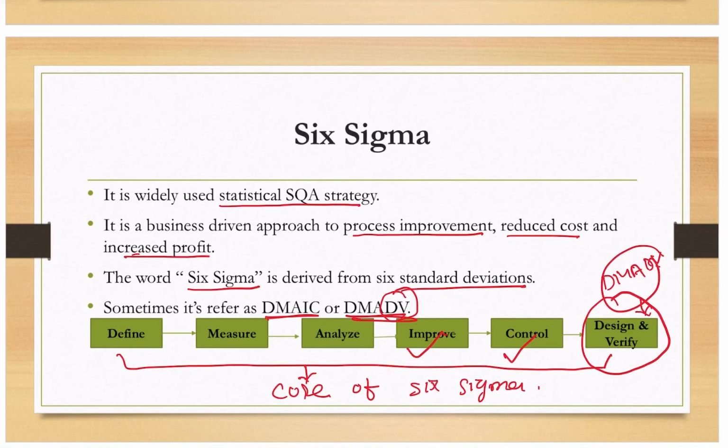Design avoids the root causes of defects and meets the customer requirement, and verify verifies the process, avoids defects and meets customer requirements. So this Six Sigma is widely used in software engineering for the standards, right?